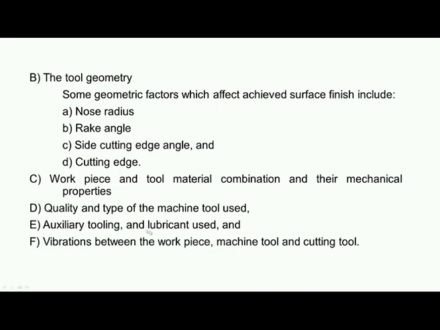And then the use of auxiliary tooling like work rest, proper loading of the workpiece between centers, and the use of coolant will also definitely affect the finish we get. So, vibrations between workpiece, machine tool and cutting tool are also a very important factor. If we reduce these, then we get a good finish.